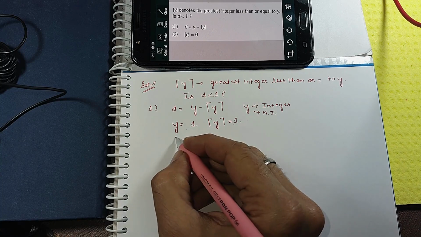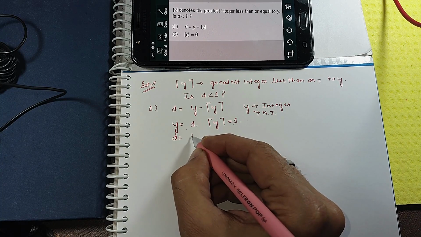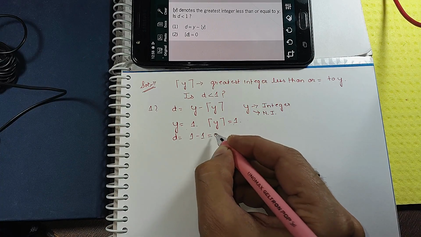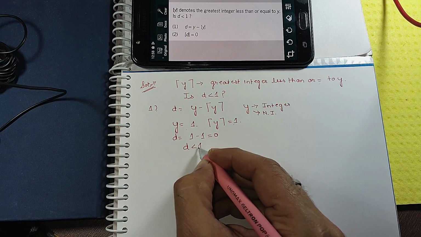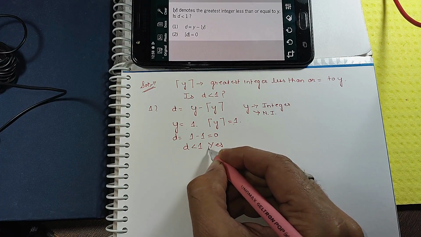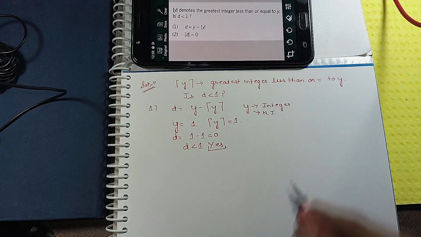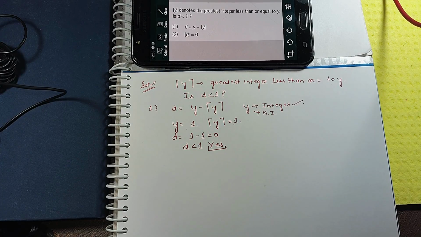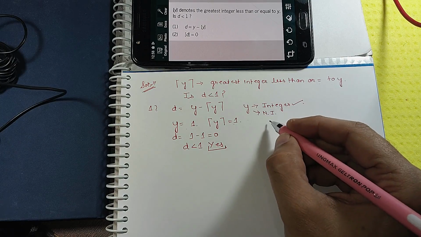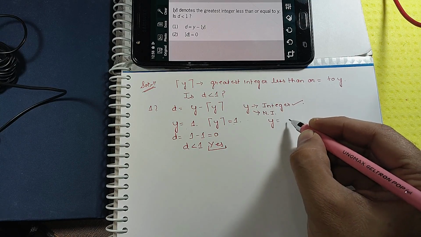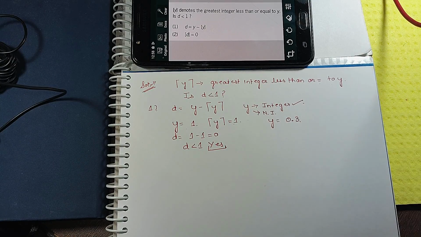So in this case, d will be equal to y minus y, which is 1 minus 1, equal to 0. And in this case, d is less than 1, so we will say yes, d is less than 1 in case of integers. Now, let us suppose some non-integral value. Let us suppose y is equal to 0.3.